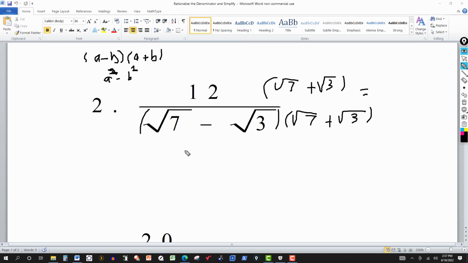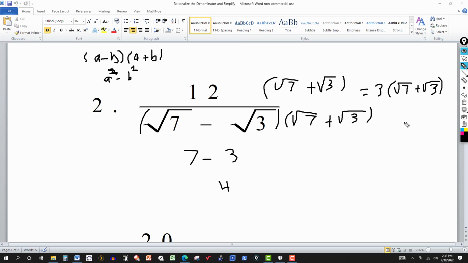So radical 7 times radical 7 is radical 49, the square root of 49, which is 7. Radical 3 times radical 3 is the square root of 9, which is 3. So 7 minus 3 is 4. So the denominator will end up with 4, and then I have 12 on top, so 4 into 12 will go 3 times, and then I still have this multiplied.